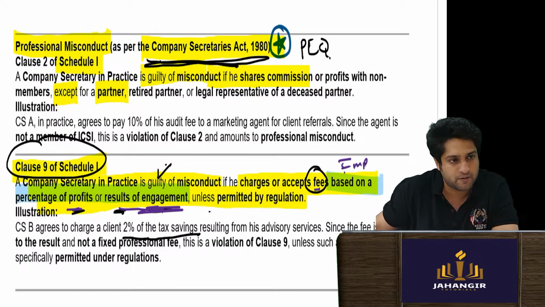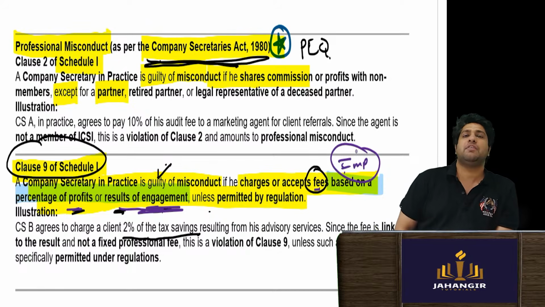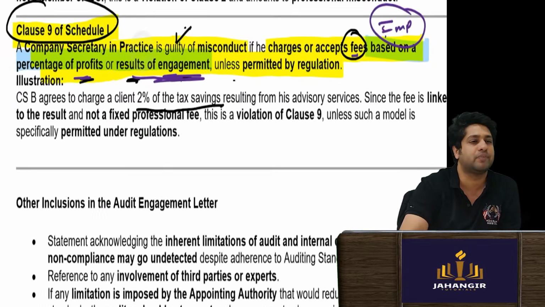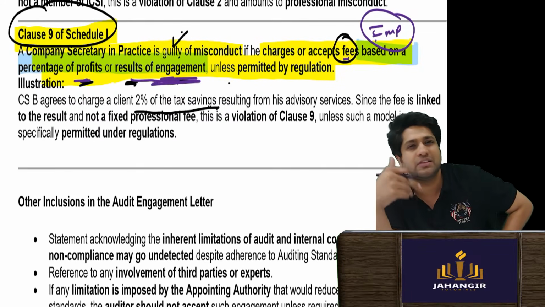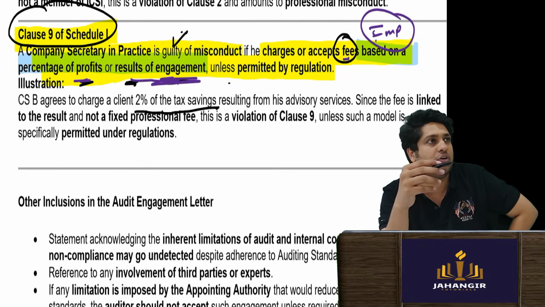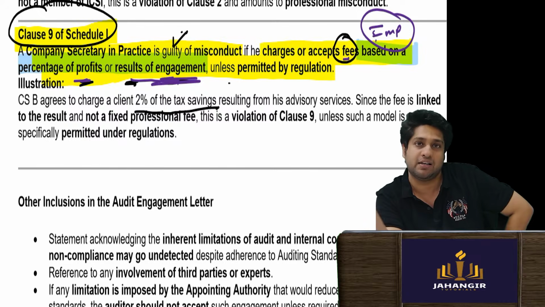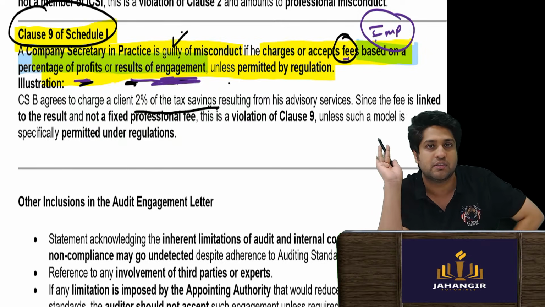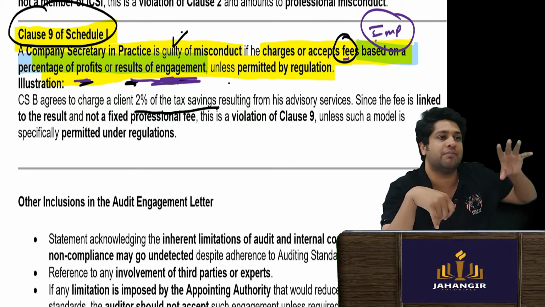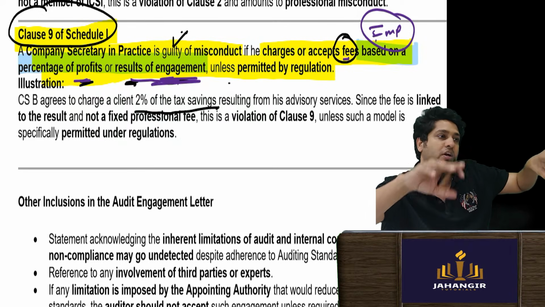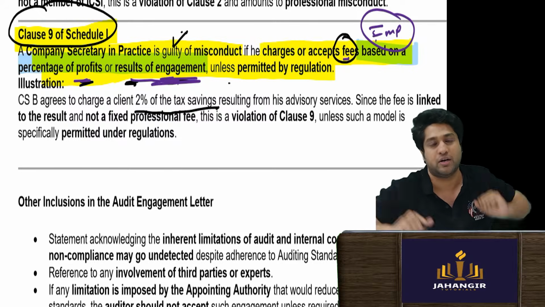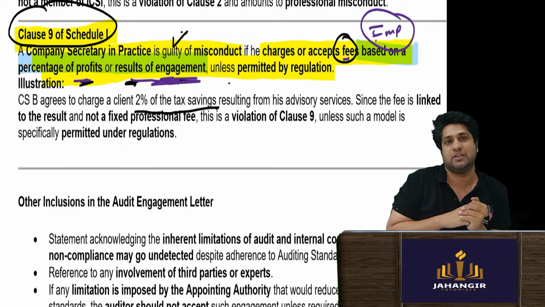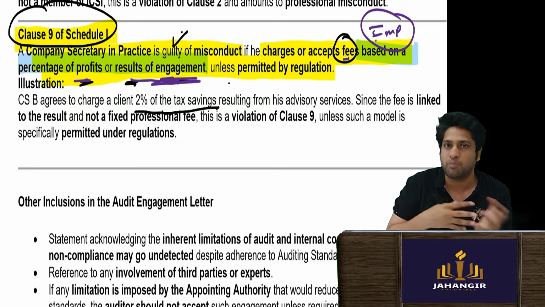For example, if I say, if I give you a clean report, you have to give me 50 lakh rupees, I am setting the fees based on result. Or if I say if you win the case, you have to give me 10%. That is again professional misconduct.